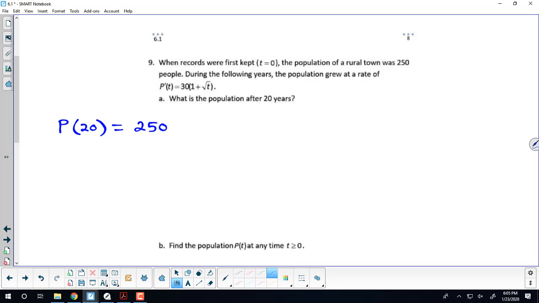We have the initial value P of 0, plus the integral of? Yep, from 0 to 20 of P prime, 30 plus t, or, you're right, 31 plus t to the 1/2. Do you all agree with that?